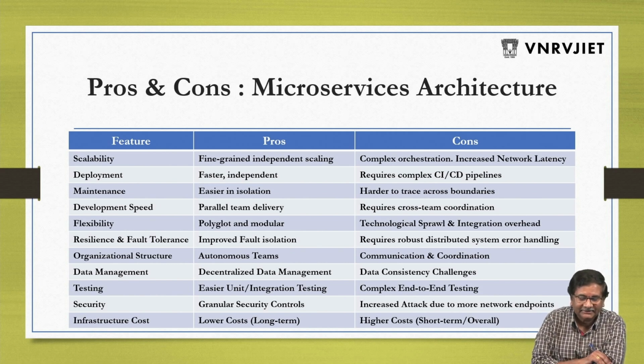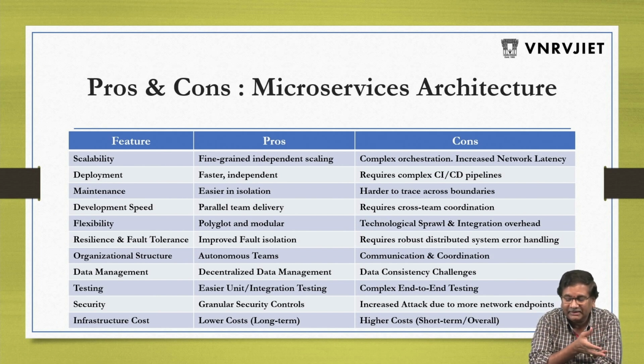Resilience and fault tolerance: even if one thing fails, you can bring it up quickly. But it requires a robust distributed system and error handling, same as the first one. Organizational structure: autonomous teams, but communication and coordination are needed. Teams are autonomous, but they need to communicate with each other. There could be some clashes sometimes, which needs leadership intervention to stop it and make sure that everybody is on the same page.